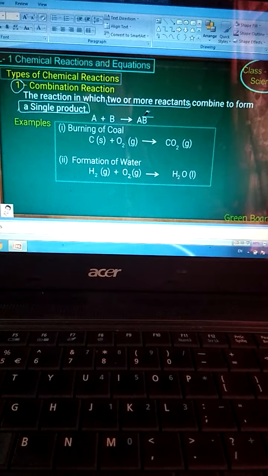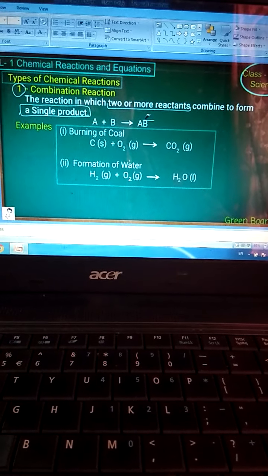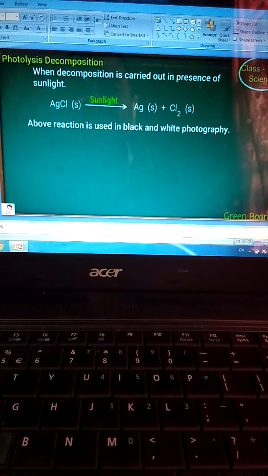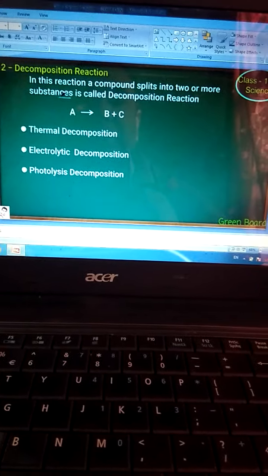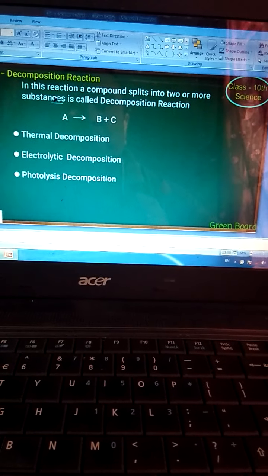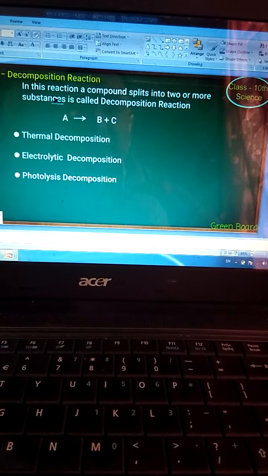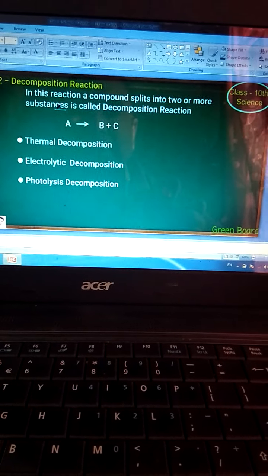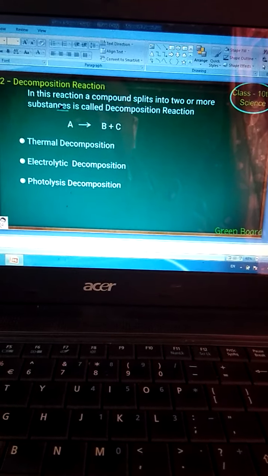After that, the second type we are going to see is decomposition reaction. Now, what is decomposition reaction? It is just the reverse of the first one we have learned, the combination reaction.